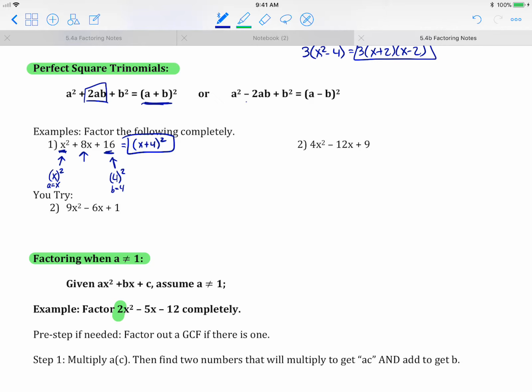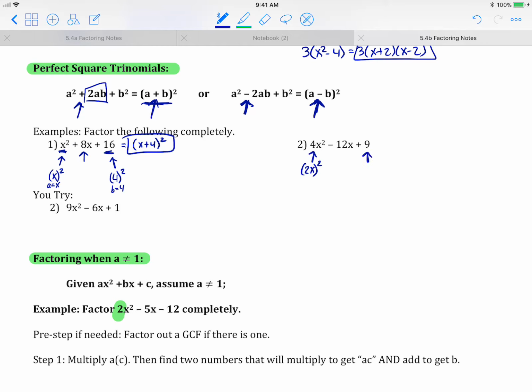If you do have a negative right here, the only difference is you'll have a negative right here, because you have to consider the fact that one of the terms is negative, and when you double it, you have that middle term of a negative, okay? So when it's positive right here, it's positive right there. When it's negative right here, it's negative right there, okay? So what could we square and get 4x squared? 2x.